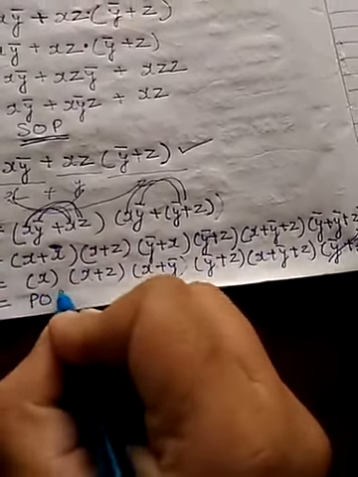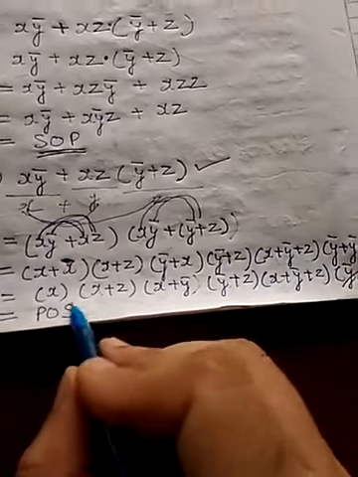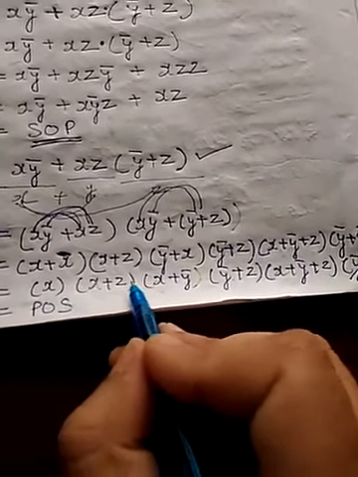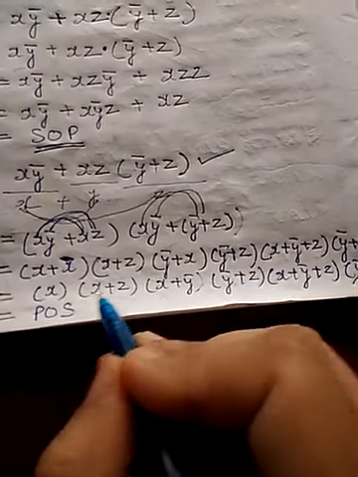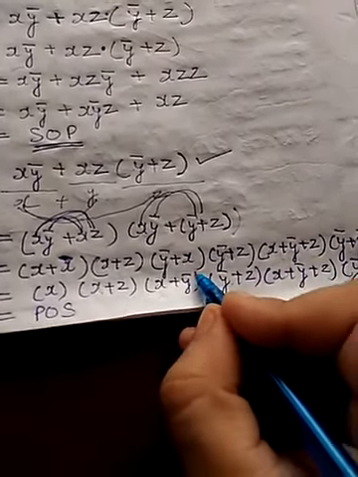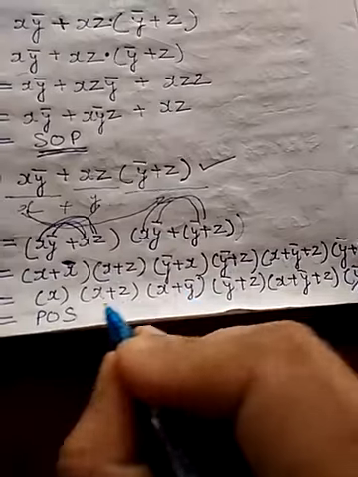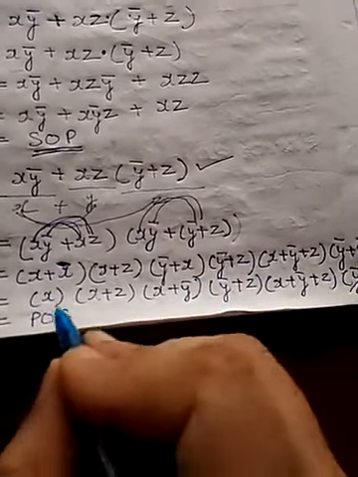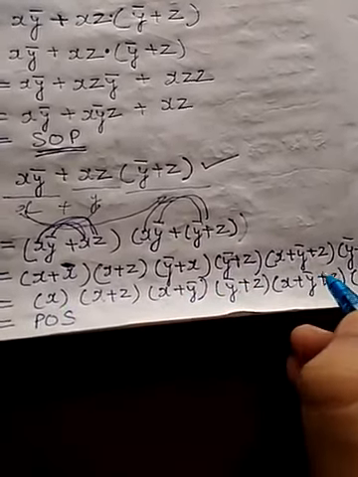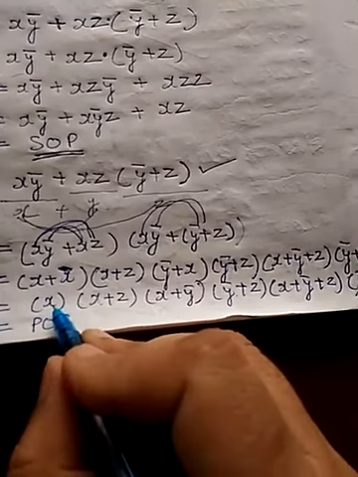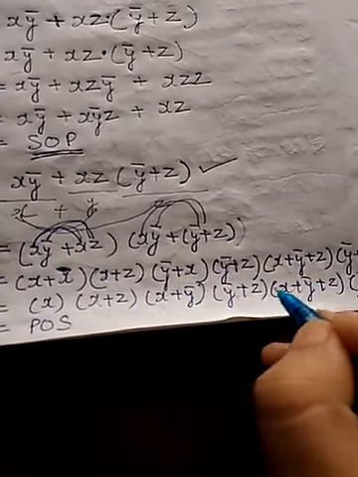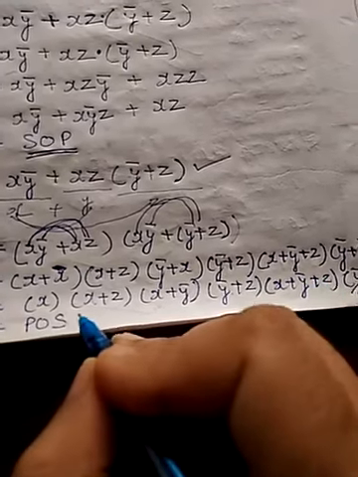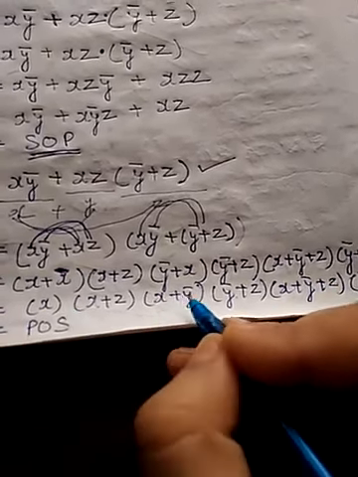So this is what? This is product of sum. See, all the terms are multiplied, so the product exists between all the terms, and here each term is in the form of sum. All the terms are in the form of sum. So we can say that it is product of sum.